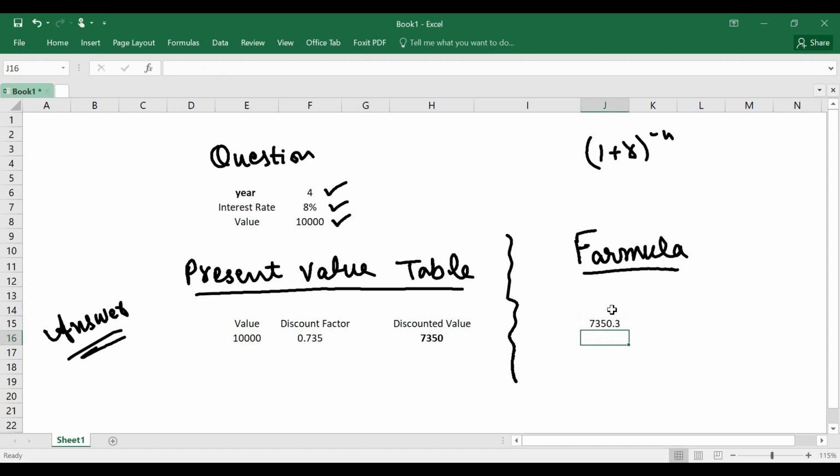Fine. So you can see the answer in both cases is the same, and it's a quicker way to solve the question. Anyhow, we can ignore this point 3, which is a decimal figure. For the rest of the questions, we will prefer to solve according to this formula.